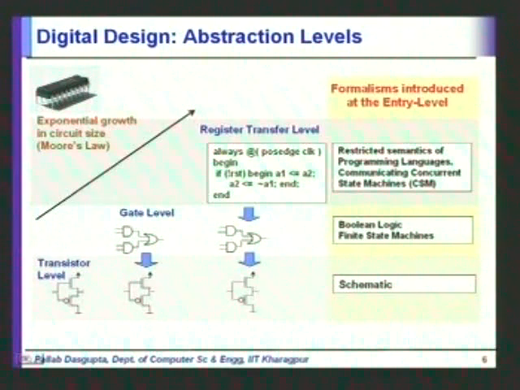What is a digital circuit? It is a finite state machine. Right? The bottom line of all of these is that it implements a finite state machine. So the finite state machine that you get out of this and the finite state machine that you get at this level, they have to be logically equivalent, right? But what are we going to do above that?